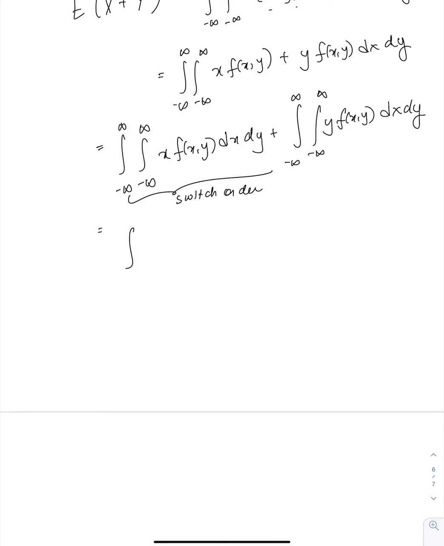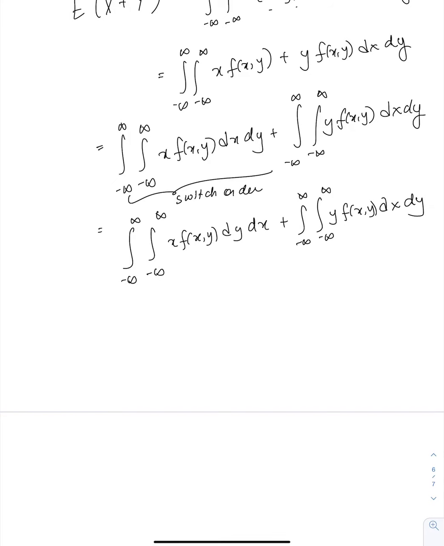Okay, and then what do you have? Minus infinity to infinity, minus infinity to infinity, x f of x, y, dy dx. Okay, and this I'm just going to leave as that. And you'll see why in a second, if you haven't already guessed.